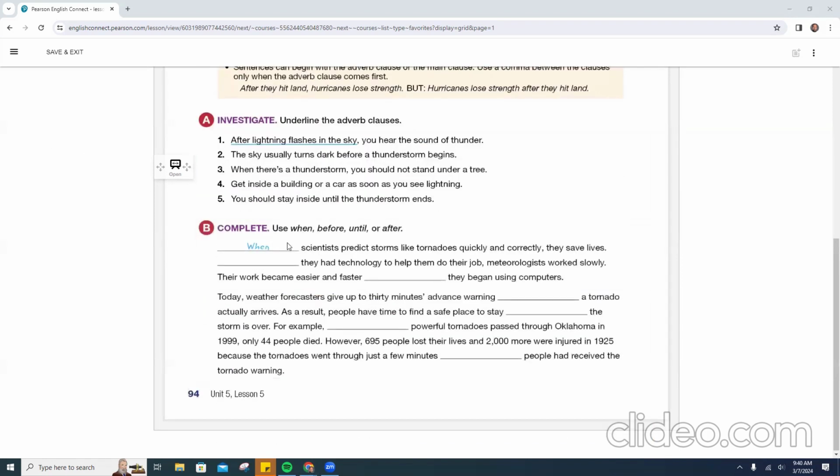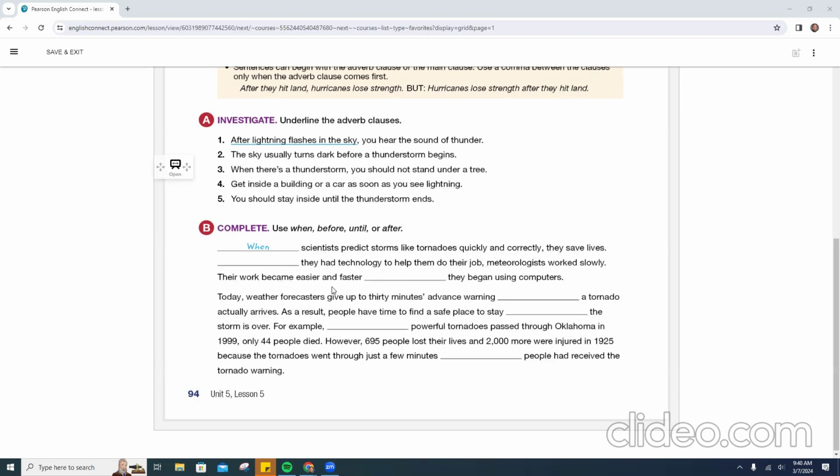Complete the sentences using when, before, until, or after. Blank scientists predict storms like tornadoes quickly and correctly. They save lives. Blank, they had technology to help them do their job. Meteorologists worked slowly.